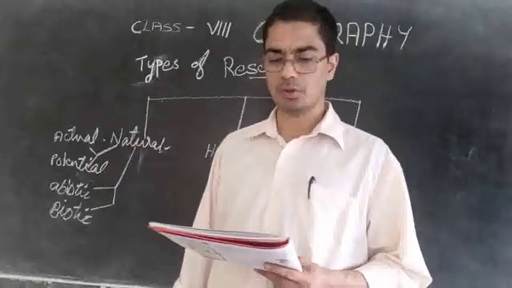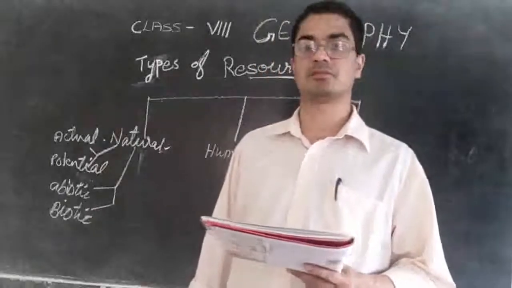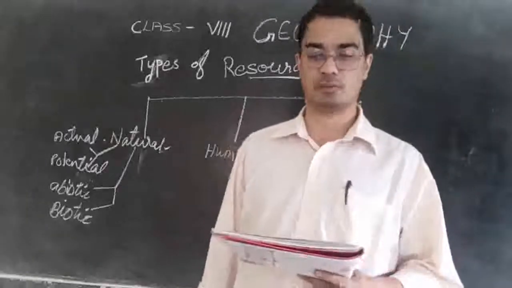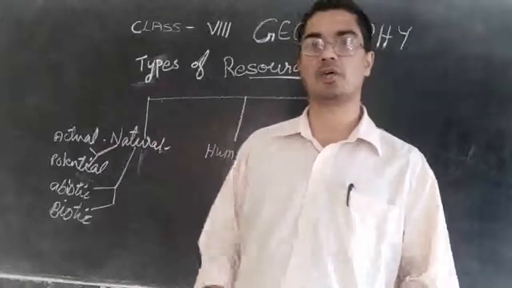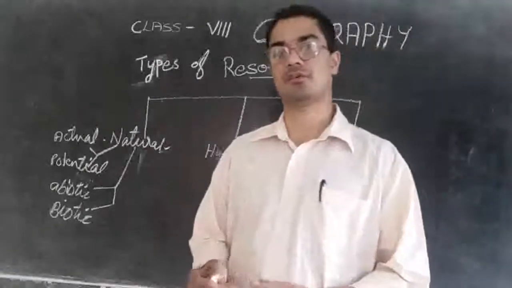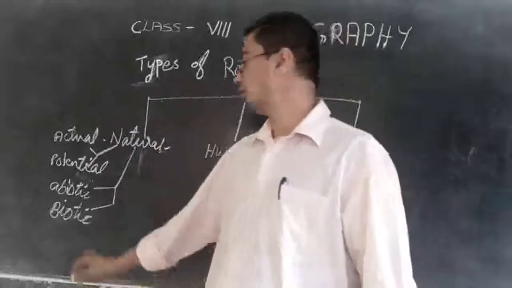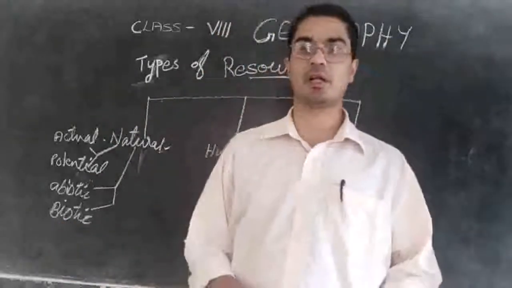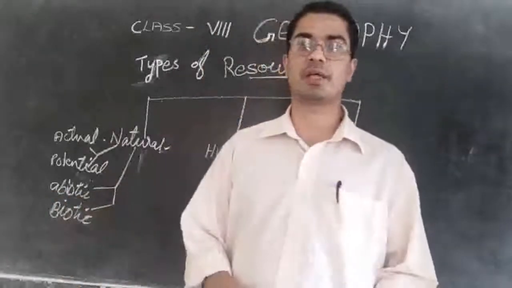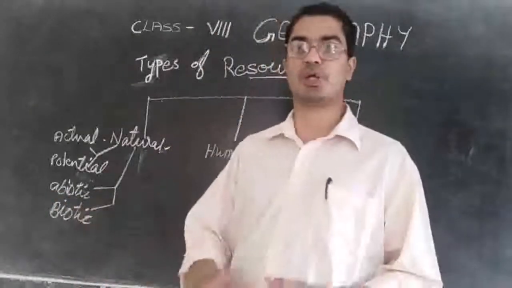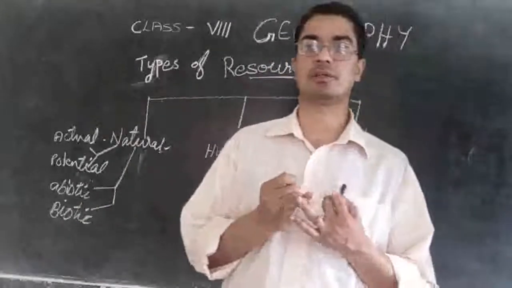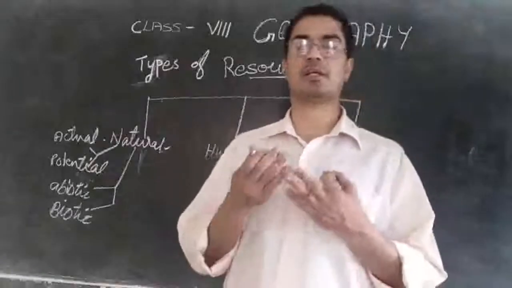Then plants, trees, and animals are all biotic resources because they have got life. Examples of abiotic resources are rock, soil, and the minerals that we get from under the earth.